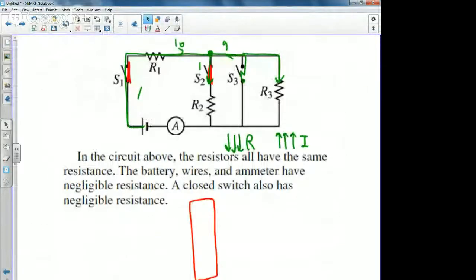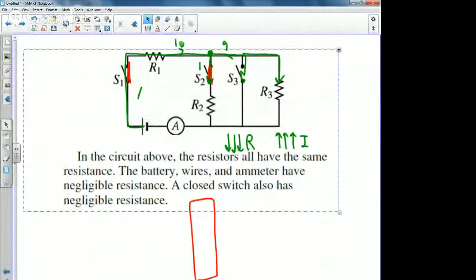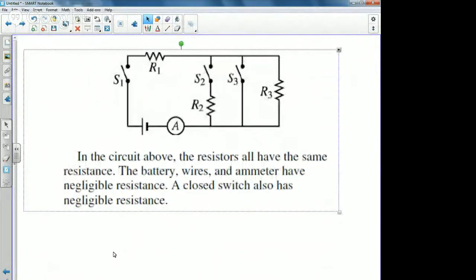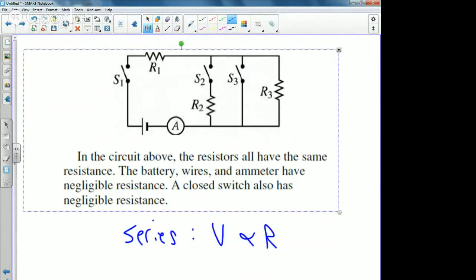you guys have to remember that in a series circuit, the voltage is proportional to the resistance. So if this was 12 volts, and this was 8 ohms and 4 ohms, then this one would get 8 volts, and this one would get 4 volts.